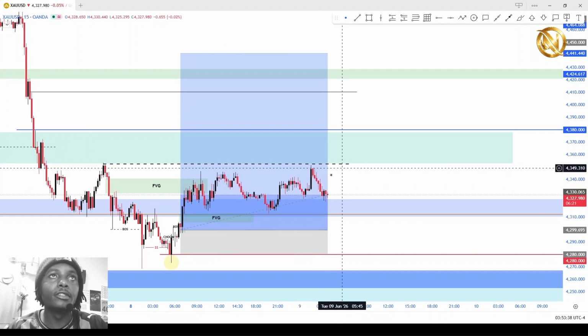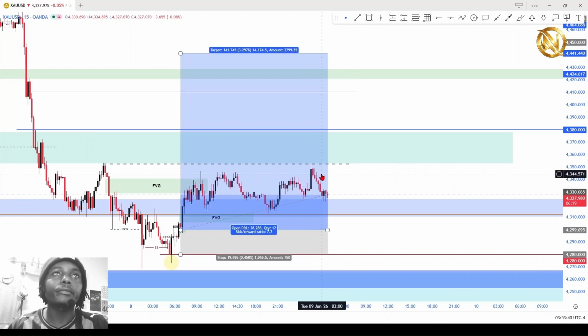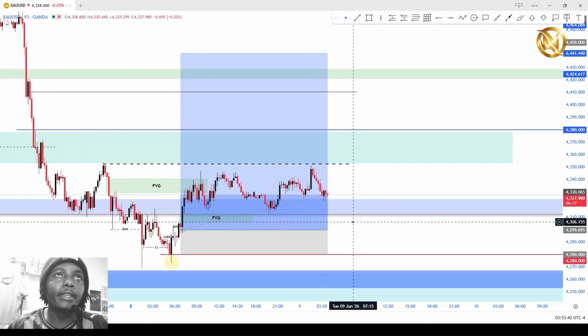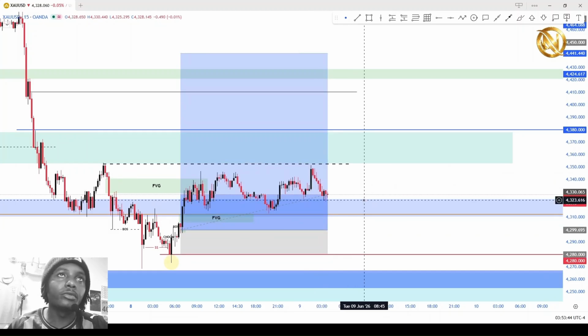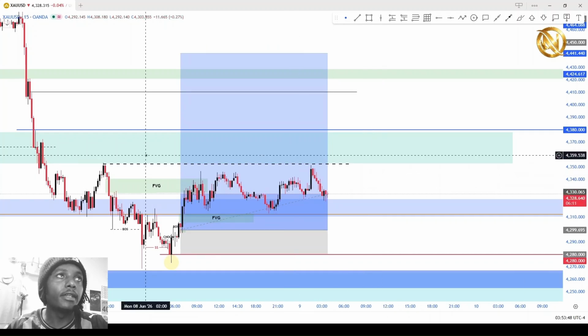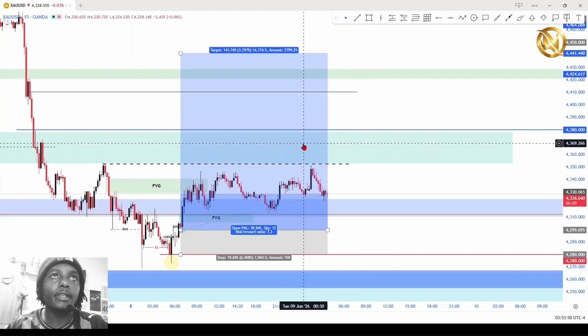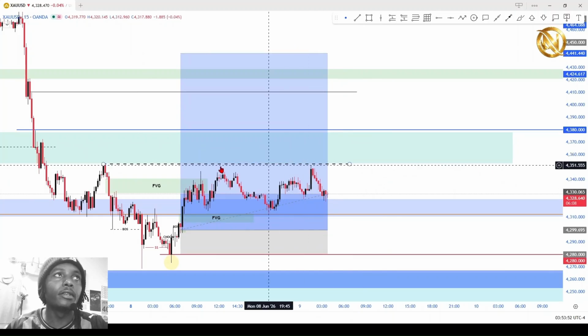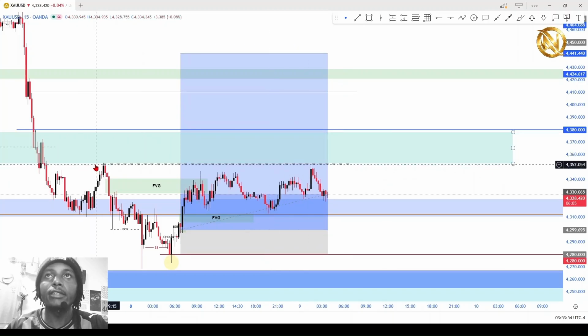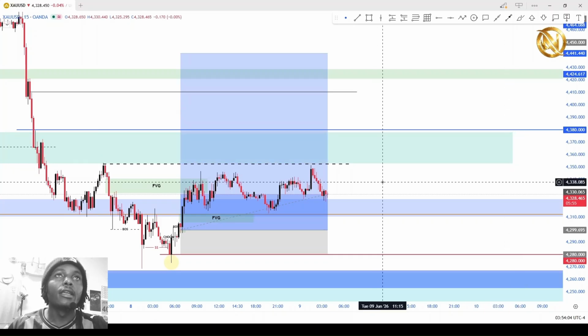Now we might want to reimbalance before heading to the downside. So I'm going to watch price keenly at this particular moment. But if price breaks around this level, that is the 43.50 level, I'm going to look for today's setup, or I'm going to have a second entry on the next day.